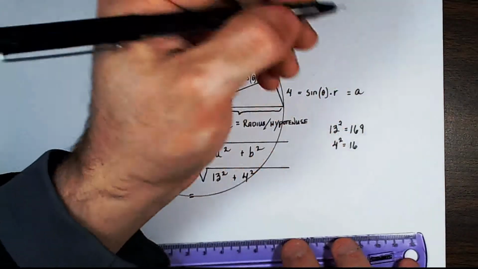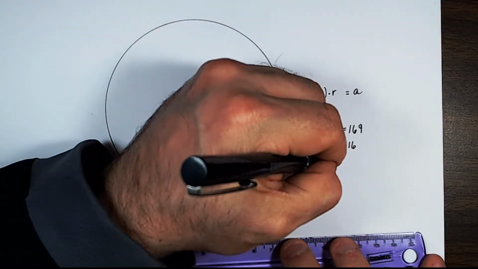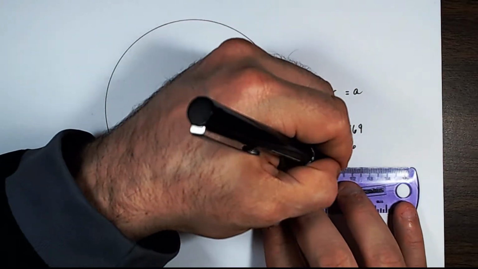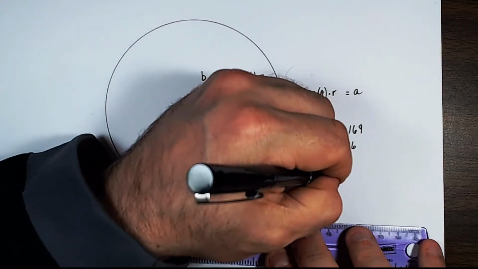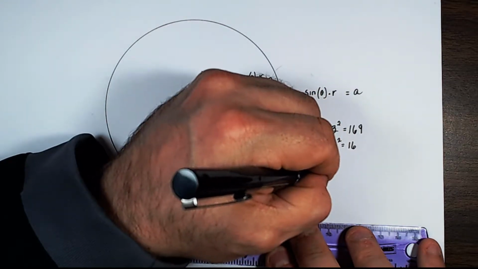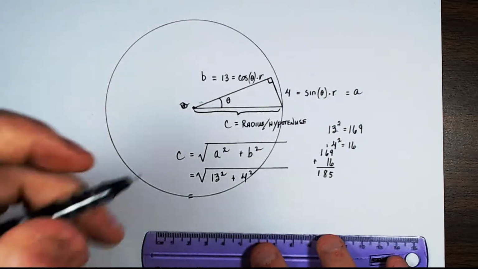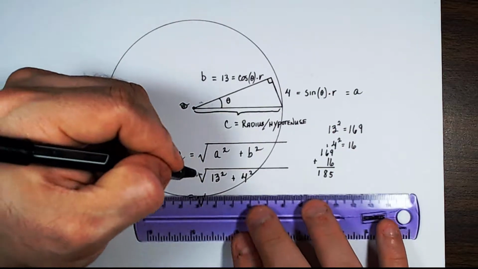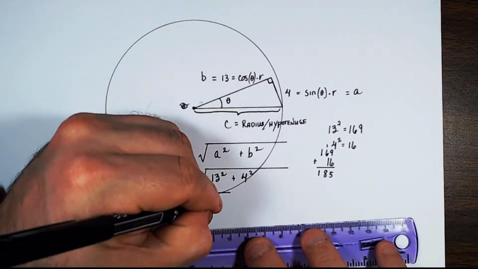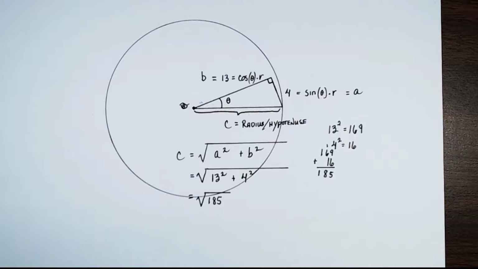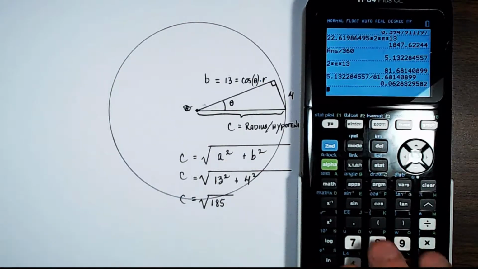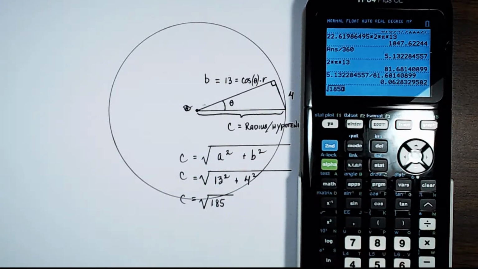And so we want to add these together. 16 and 169. So let's just quickly add those together. And I get 185. So what I'm looking for is the square root of 185, is equal to C. So let me take the square root of 185.